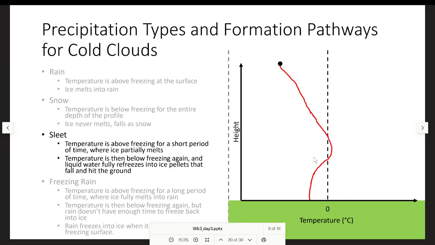But somewhere you have an inversion layer where it's warmer in the atmosphere. So it heats up, and it's above freezing for a little bit. But then it comes back down, and it has enough time to refreeze into these ice pellets. So it has a good amount of distance still to fall. So it's a snowflake that melted into a raindrop that refroze before hitting the surface, and it creates little pellets.